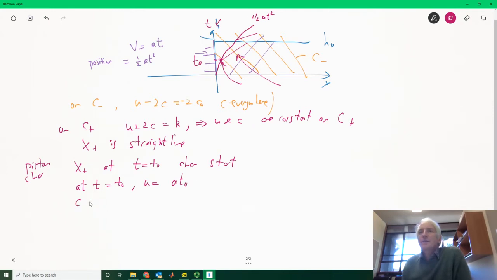And then the C, we'll call it C plate. We find it from this equation that's true everywhere. So we know that U minus 2C plate is equal to minus 2C naught. So now we can solve this. We know U is A T naught, minus 2C plate.